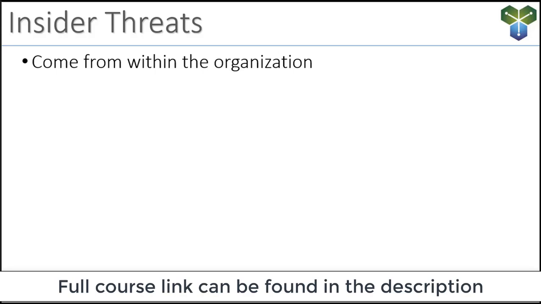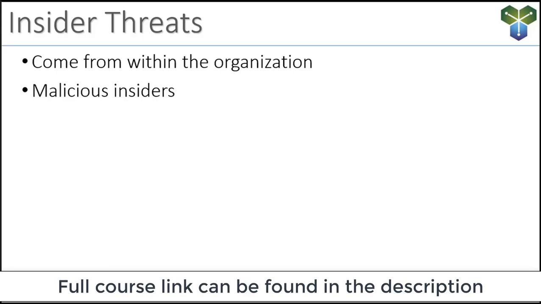These can be intentional or unintentional. So, for example, we may have a malicious insider. Maybe we have a disgruntled employee who steals a bunch of data in order to sell it. So these malicious insiders are people who intentionally harm the organization for either personal gain or for revenge.